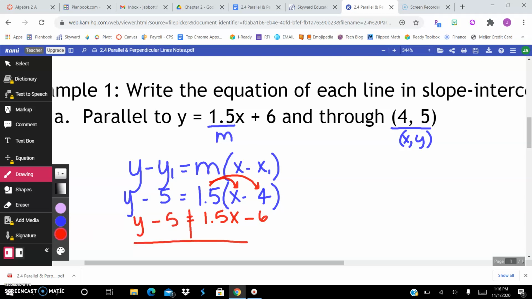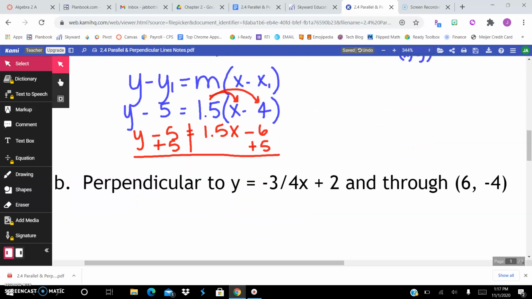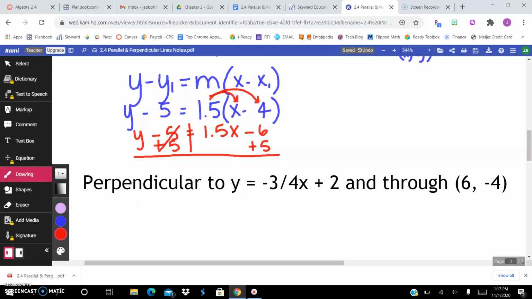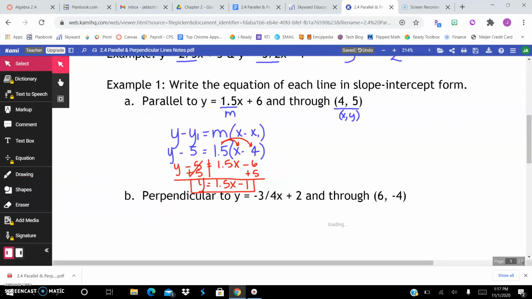Our last and final step is to add 5 to both sides. So these cancel, we just have y equals, we bring down that 1.5x, and -6 plus 5 would be -1. So the equation that would be parallel to the given equation is y equals 1.5x minus 1.